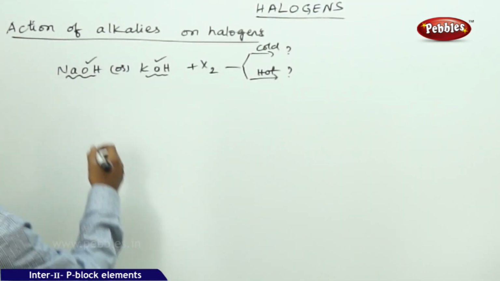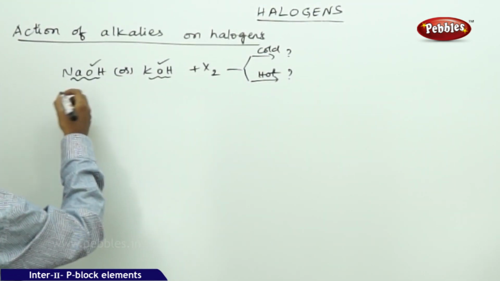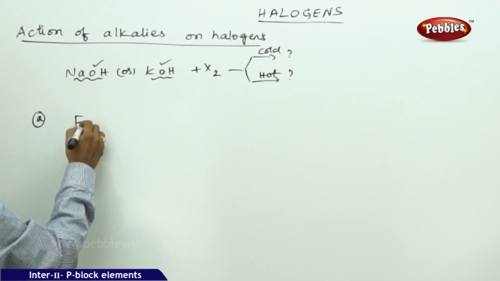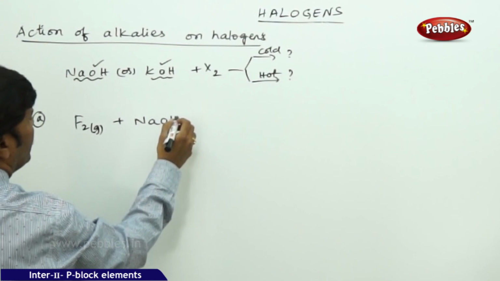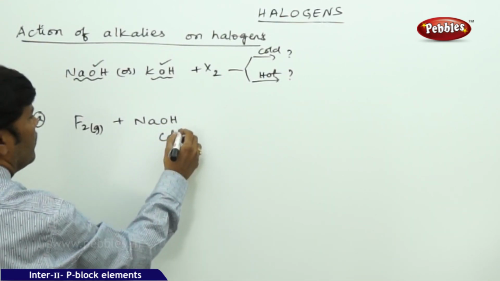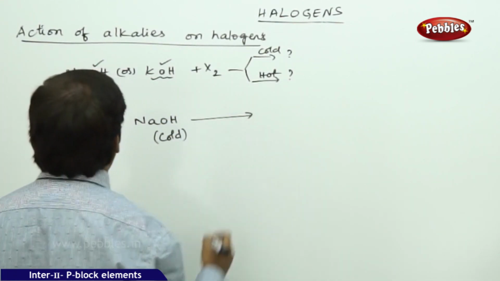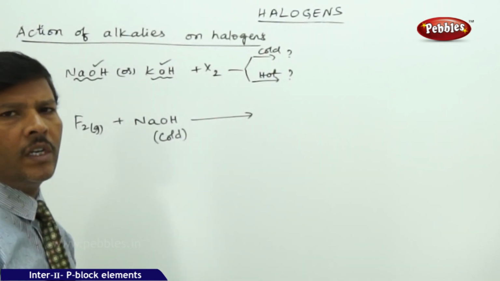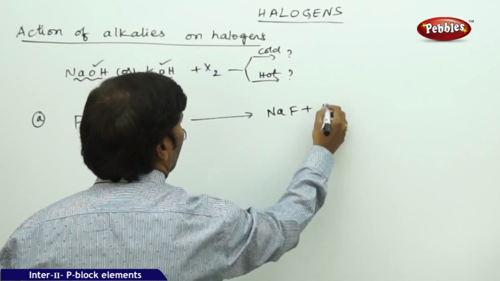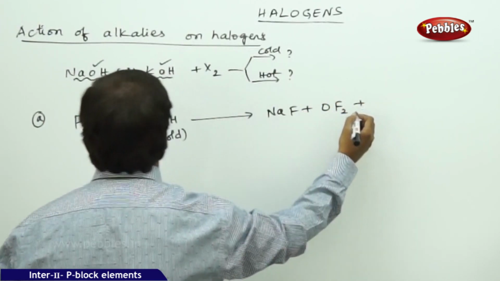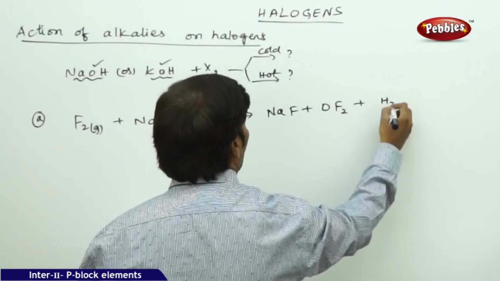So here, particularly if you are going to take fluorine gas, and NaOH that is cold and dilute, then interestingly you are going to get sodium fluoride plus oxygen difluoride plus H2O.